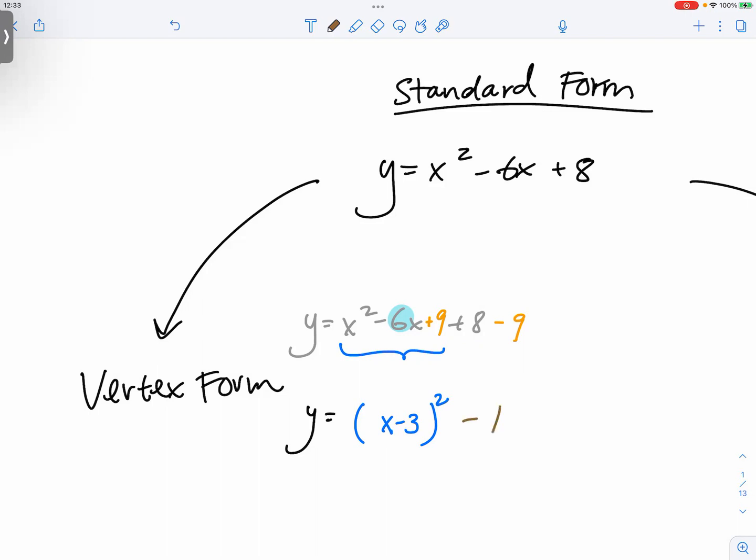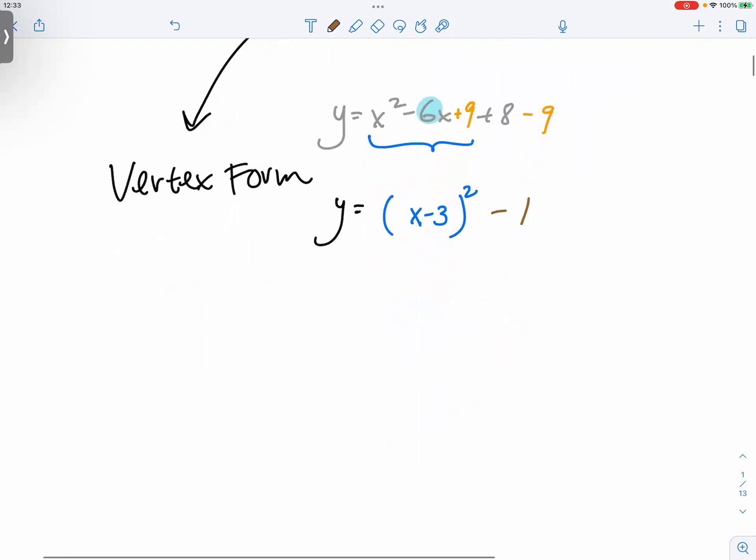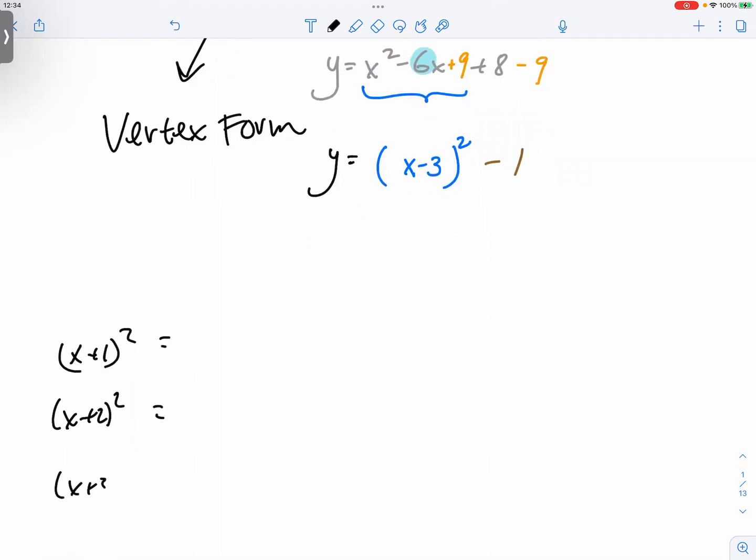In one of the earlier videos that I made, I said that if you're struggling with completing the square, chances are you are lacking some practice. And I said in the video that you should really do more practice like this. Can you do the FOIL of these things? Both positive and negative, and you just keep going all the way until maybe like 10.